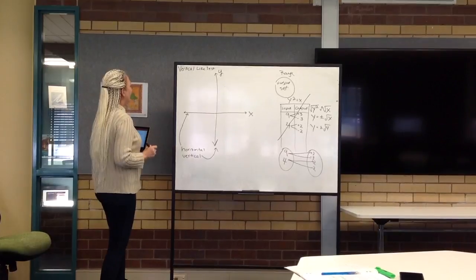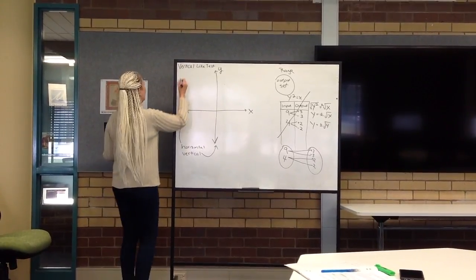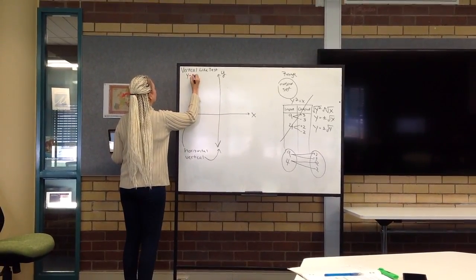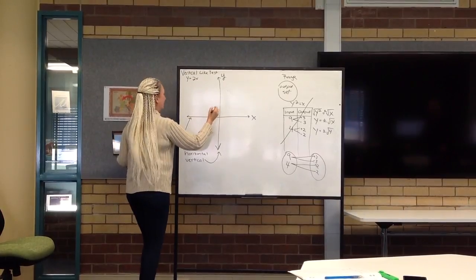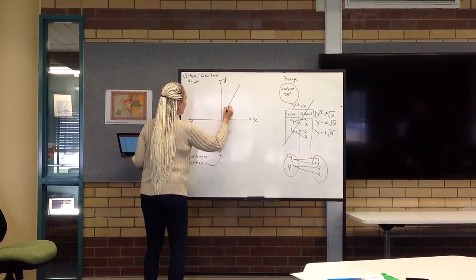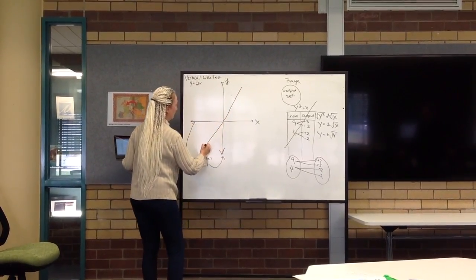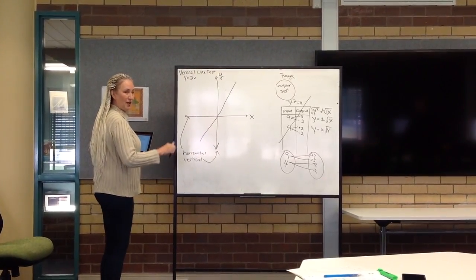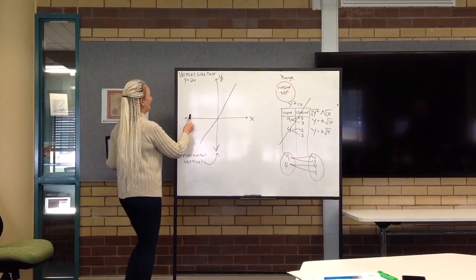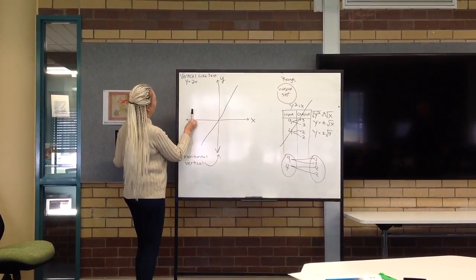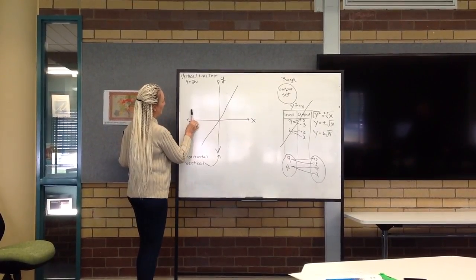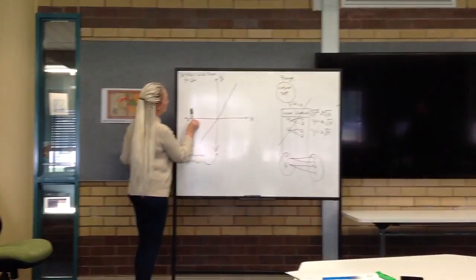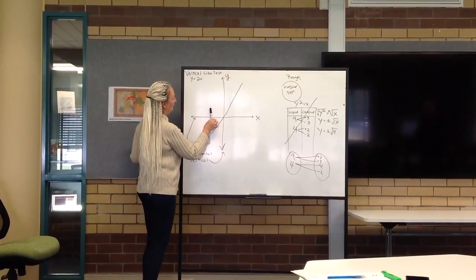Okay. Let's go back and revisit y equals 2x. And it looks something like this. Now what you need to do is, I have chopsticks in my bag, but we can pretend this is a chopstick. When you do the vertical line test, we take a vertical line and we move it across the graph.